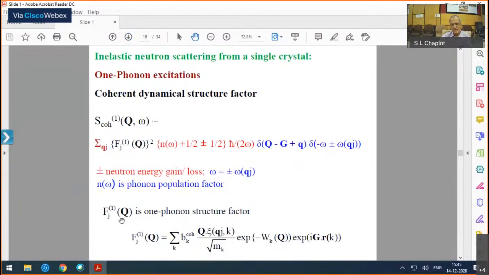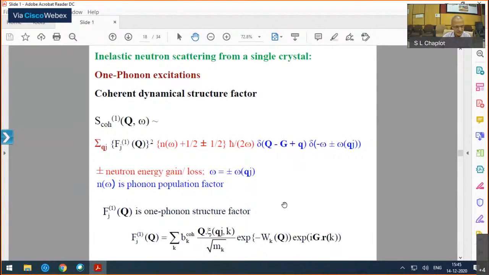In the one phonon structure factor, as we had mentioned sometimes, essentially it's a collective dynamics, and therefore it is only the neutron coherent scattering length, or the coherent scattering part, that contributes to the one phonon structure factor, and the incoherent scattering does not.